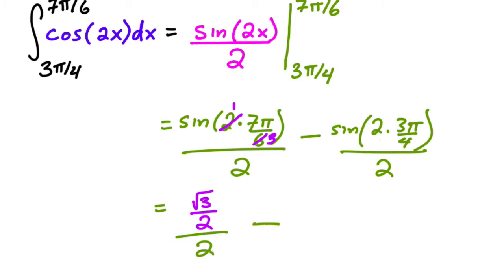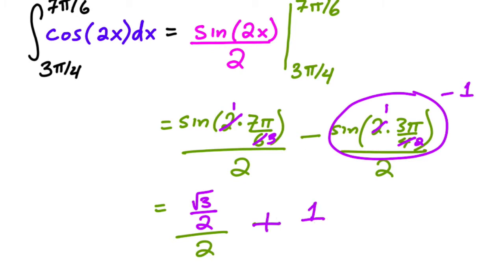And then minus, okay, so let's reduce this one. This is 4 and 2 reduced to 1 and 2. So this is sine of 3 pi over 2, which is equal to negative 1. So this is going to be negative and negative 1. That's going to be plus 1. And then over the 2 that's right here.